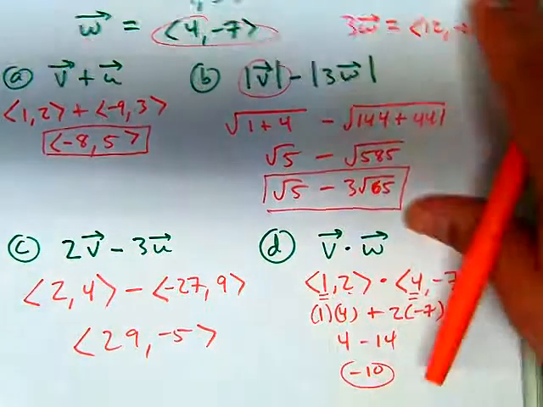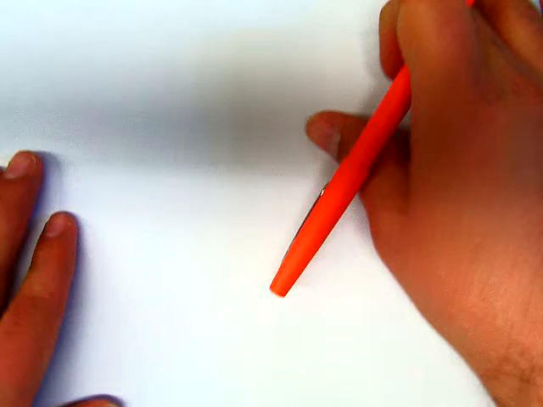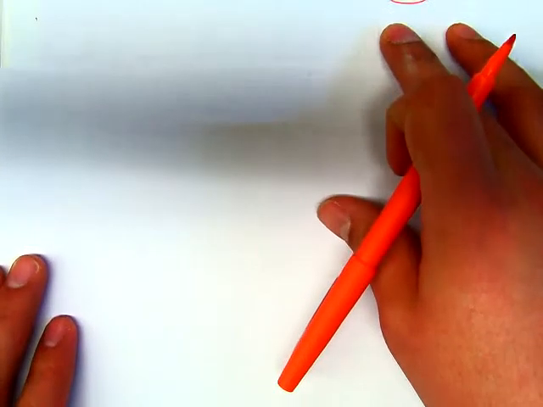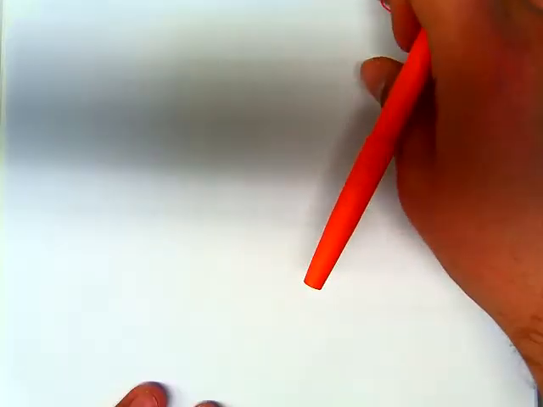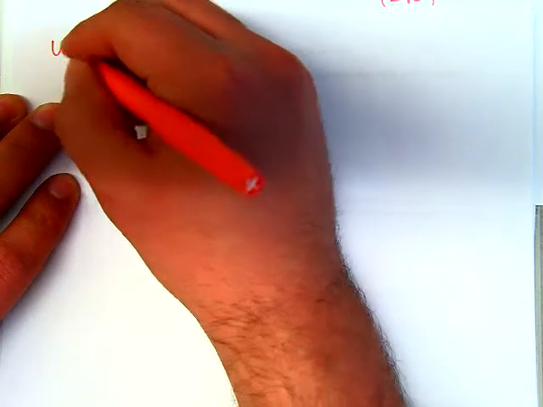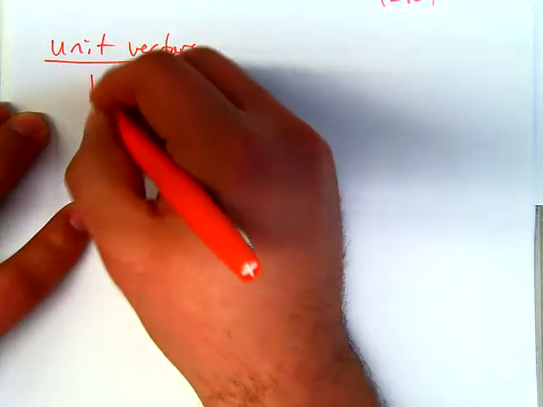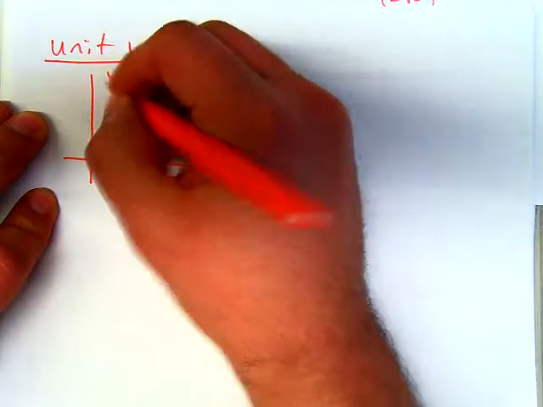Okay, now some other things that are in this section. Let's introduce unit vectors. So let's say we have the xy axis.